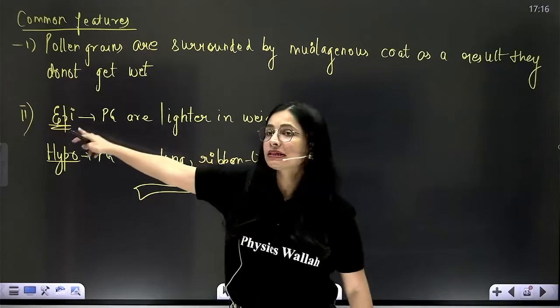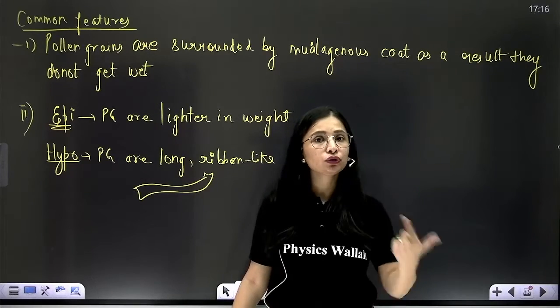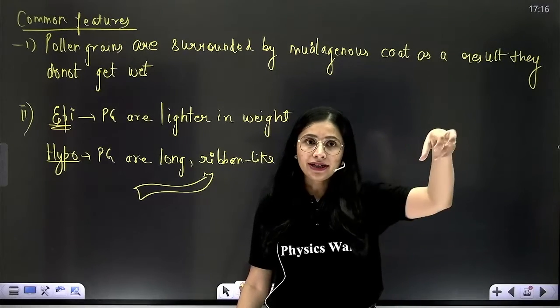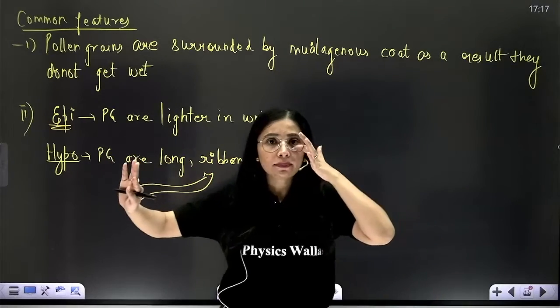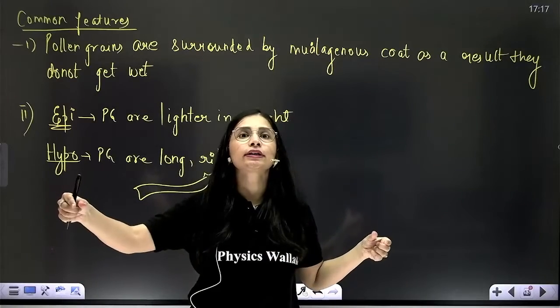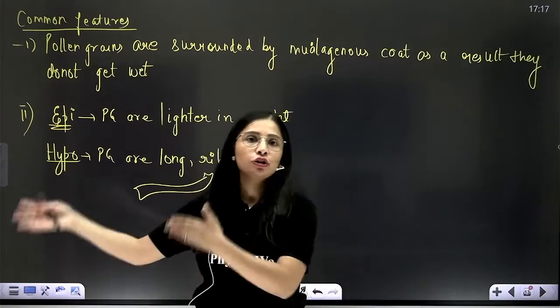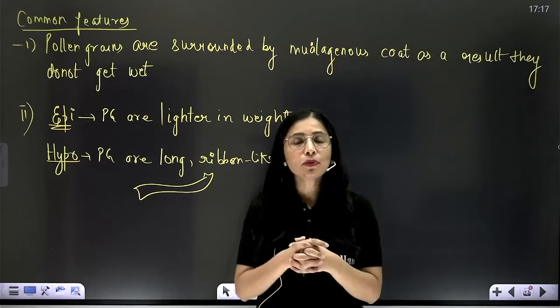So what happens in epihydrophily? The female flower comes above the water due to a long pedicel. Pollination done, goes back. Hypohydrophily, no such long pedicel. The female flower remains underwater. Pollen grains swim towards it. So this is how water pollination is done.